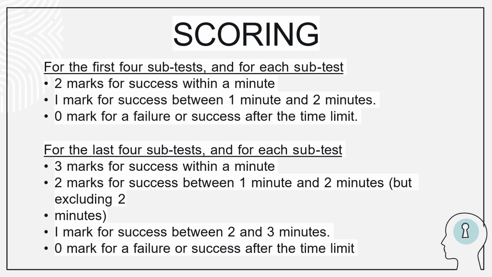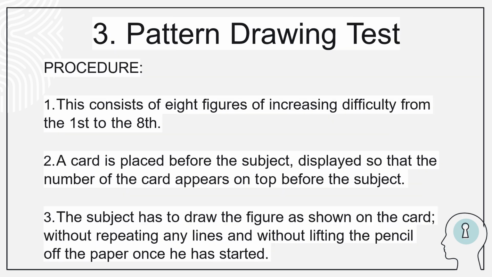And for the last 4 subtests, there are 3 marks for success within a minute, 2 marks for success within 1 to 2 minutes, and 1 mark for success between 2 to 3 minutes. 0 marks for failure or success after the time limit. So again, you will keep a page and you will write 1 to 8, and depending on if it is 1 to 4 or 5 to 8, you will score it.